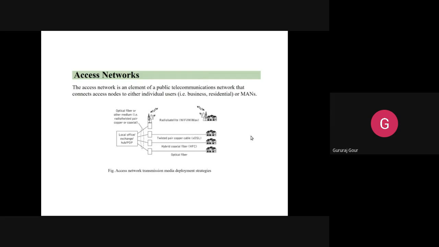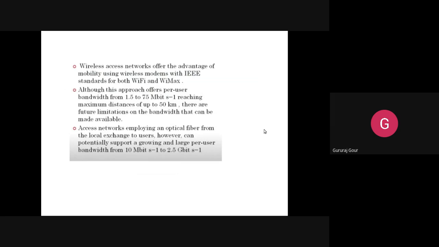Below MAN, or similar to MAN, we have another type of network that is known as the access network, mainly concerned with the deployment of the optical network among the end users. Wireless access networks offer a positive point, that is, mobility is better, like we are observing with Wi-Fi and WiMAX.